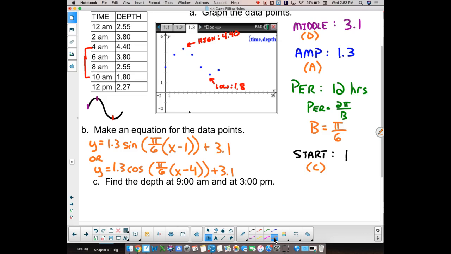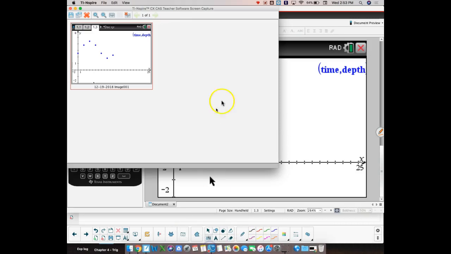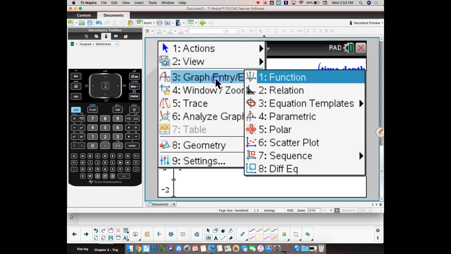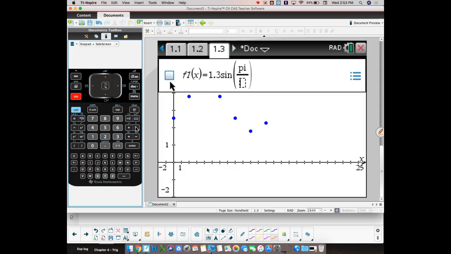Okay, I'll show you. Let's go to the graph, because now we can manipulate the graph. So I'm going to go back into just a regular old function, and we said that it was 1.3 times the sine of pi divided by 6 times x minus 1, then plus 3.1.